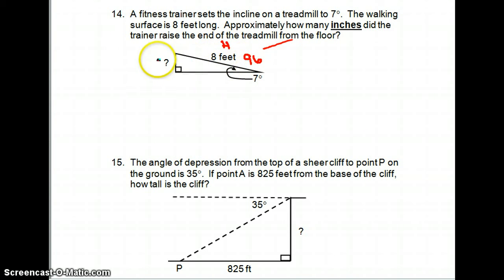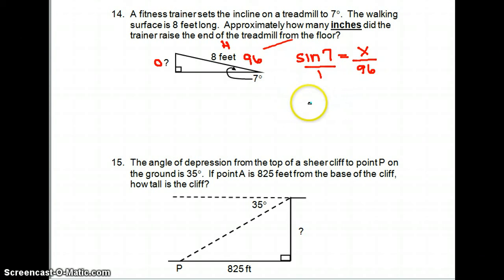From the degrees, this is opposite, so we're going to use sine. So sine of 7 equals opposite x over hypotenuse, which is 96.